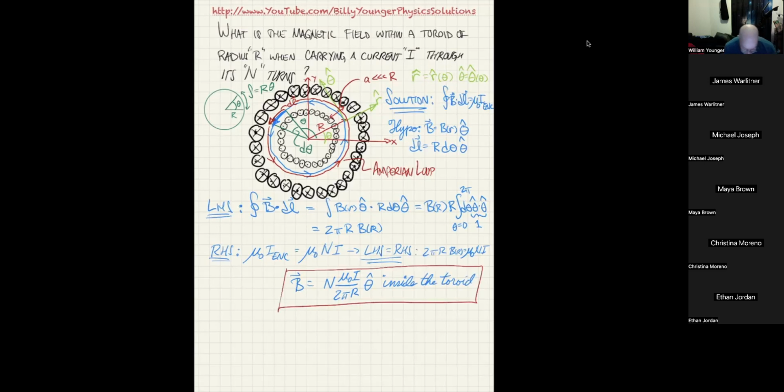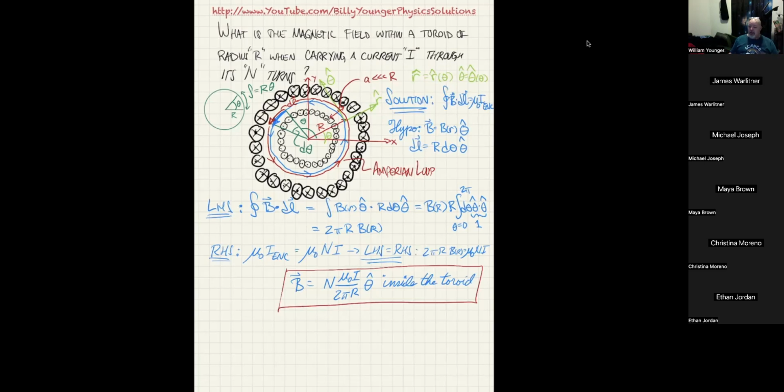Why is there no L for the right-hand side? Okay, there did turn out to be an L for the left-hand side, and of course that's 2 pi R. But the right-hand side only has to count the total amount of current. And I said that the toroid was made of basically N, capital N, loops of wire.